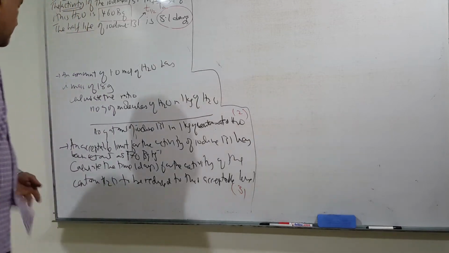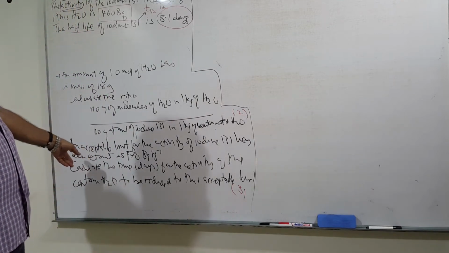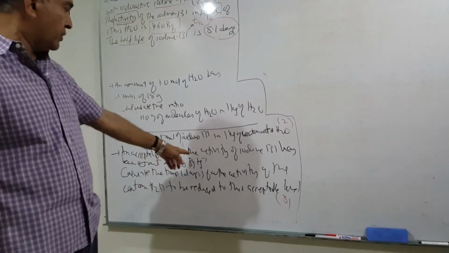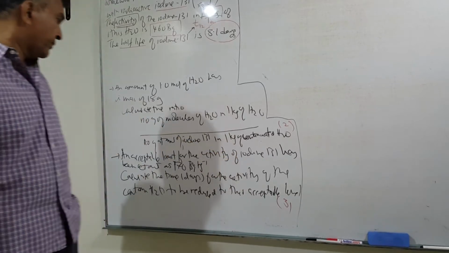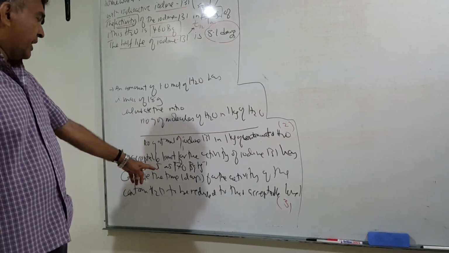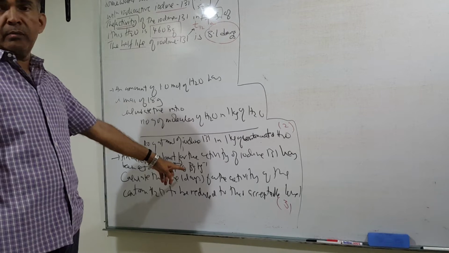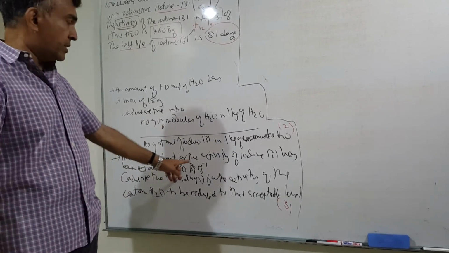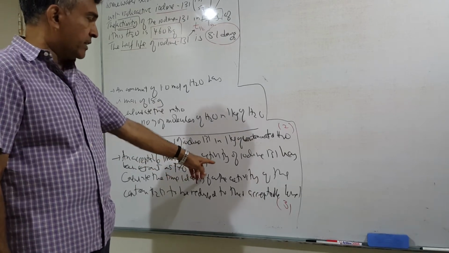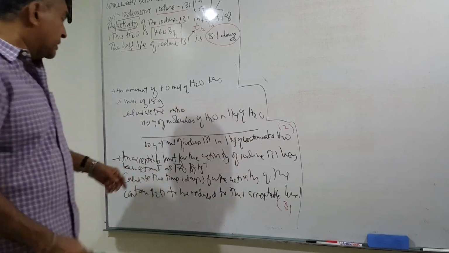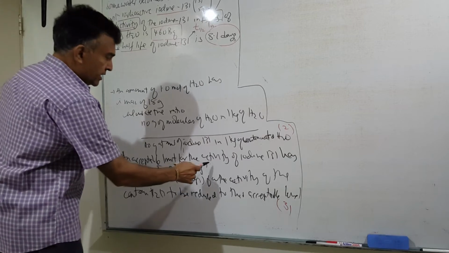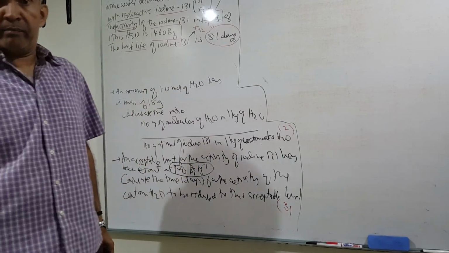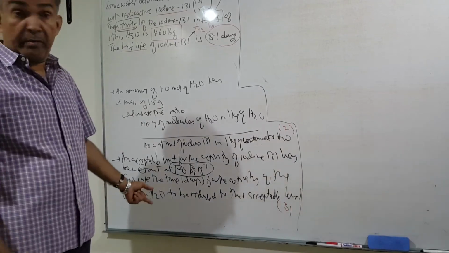The last part, part C of this question. Let's read it. An acceptable limit for the activity of iodine 131 has been set at 170 becquerel per kilogram.